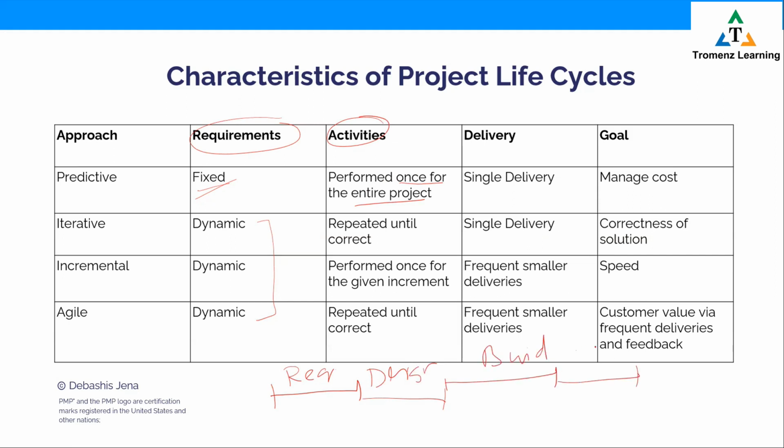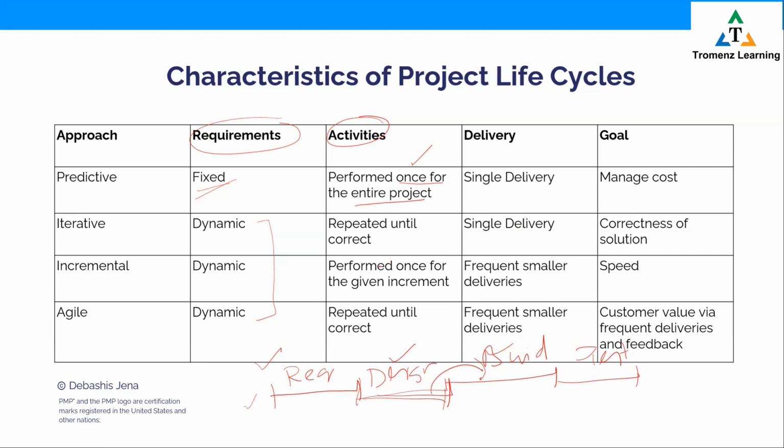And then you go test it. These are the activities: requirement, design, build, test. They are performed once for the entire project. That's how it works in predictive. You finalize the design, then you jump to build. You don't come back to design ever. So these are performed only once.